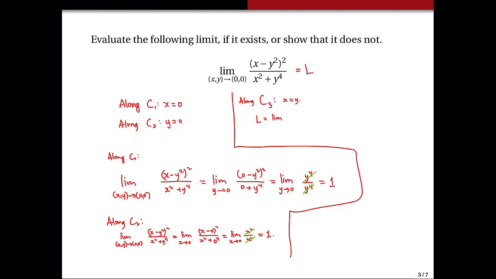We will have the limit as x goes to 0 of x minus x squared, quantity squared, divided by x squared plus x to the 4. Then let us simplify this limit as x goes to 0 in this expression here.